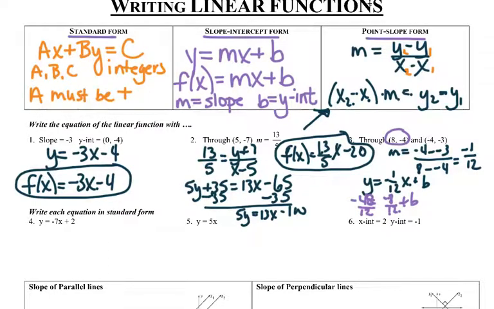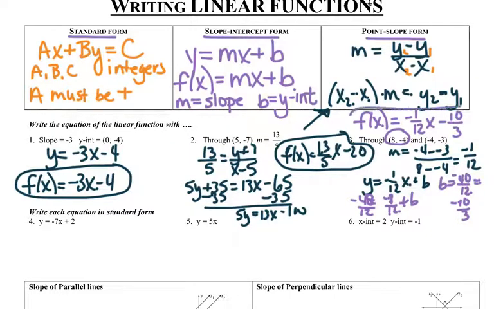So when I add 8/12 to both sides, I'm going to get b equals -40/12, which of course I have to reduce. So it's going to be -10/3. So when I put that one all together, I'm going to get f of x equals -1/12 x minus 10/3.